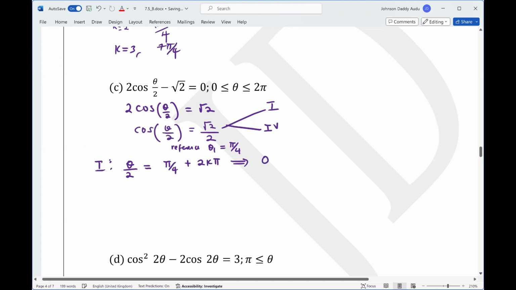That means that for theta itself, you have to multiply both sides by 2. It's going to be theta over 2 times 2, it's going to reduce. So theta is going to be pi over 2 plus k pi. So we're multiplying both sides by 2, so this will be 4k pi.